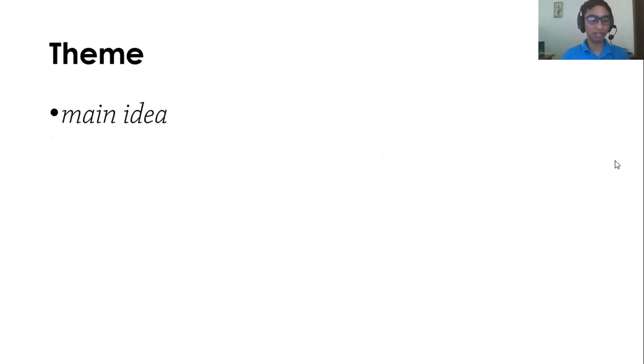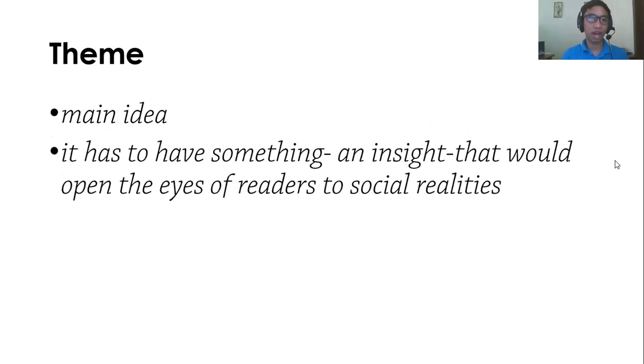When you write or read a work of fiction, you must also consider the theme. Another word for theme is the main idea. So it has to have an insight that would open the eyes of readers to social realities. That is why one thing to consider when you write a story or a narrative is the theme or the main idea.